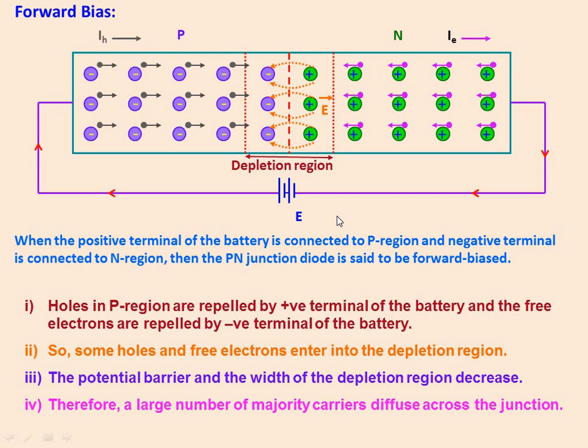So in case of the forward bias, the holes from the P type are repelled by the positive terminal of the battery, and they will be pushed towards the junction, and simultaneously on the other hand side, the negative terminal will push these electrons towards the depletion layer.